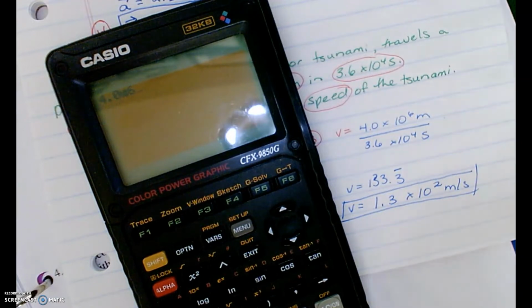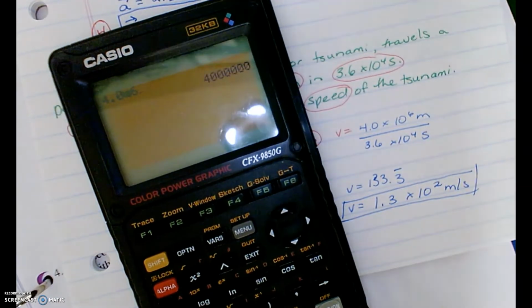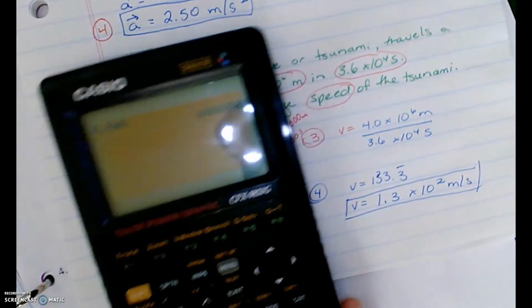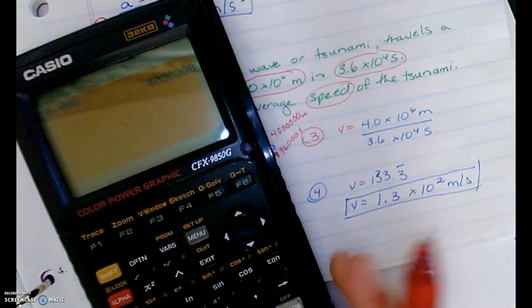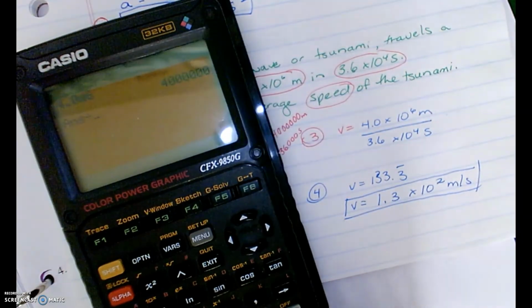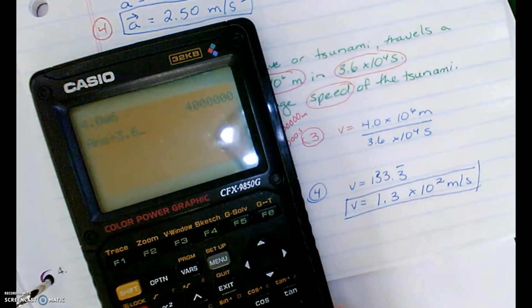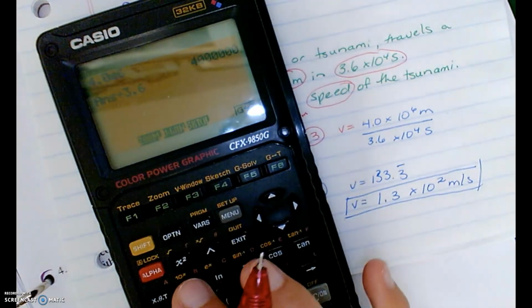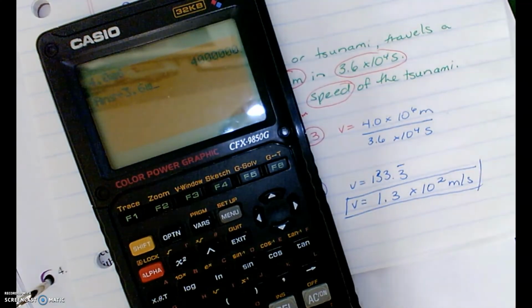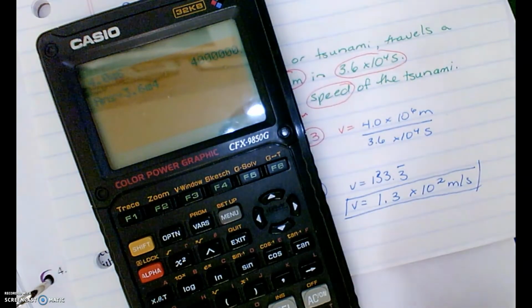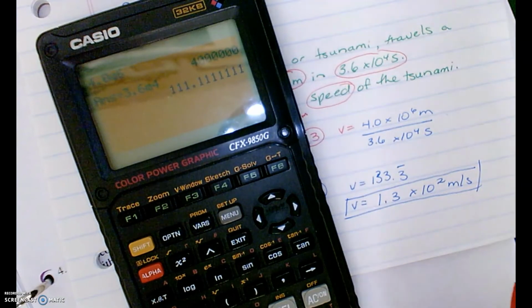To prove it's the right number, you can push enter and see, just like we said, it's 4 with that many zeros. And that's going to be divided by 3.6. Again, use this exponent: shift 10 to the 4, which was what we had in our question. So divided by 3.6 times 10 to the 4 is 1.1111.